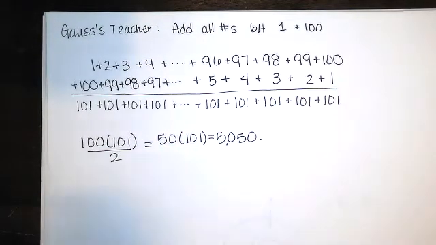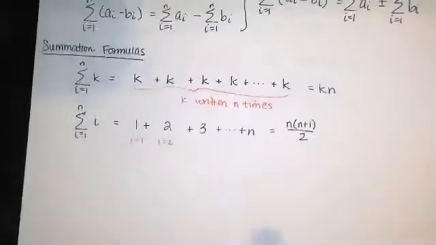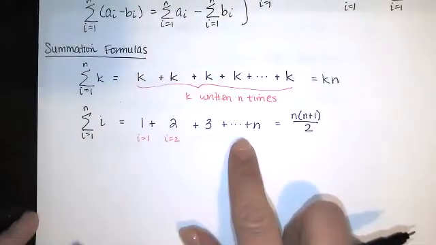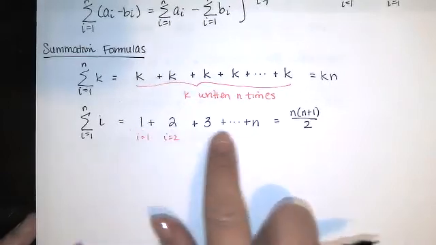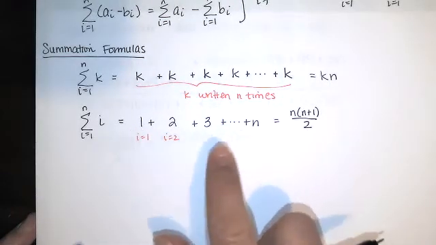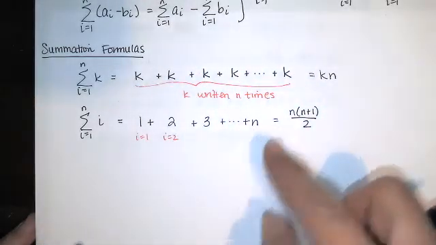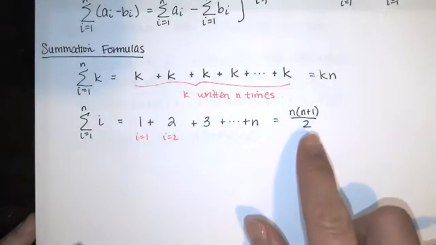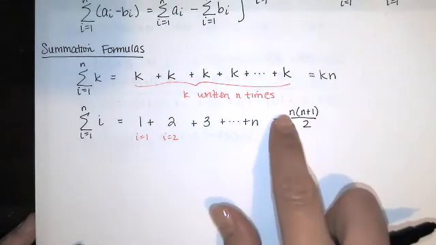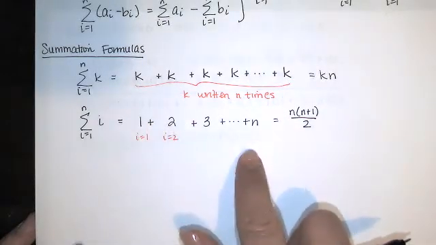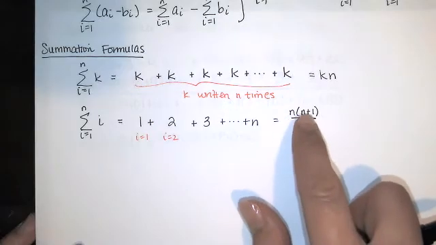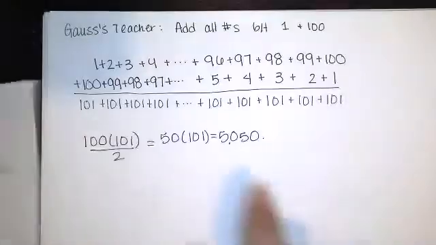You're saying, what does that have to do with anything? Well, in general, that's the shortcut. If I take all the numbers between 1 and n, and then I add them in this direction and in this direction, and then I add in columns, I'm going to have n columns, and in each column, the sum is n plus 1, just like we had here.